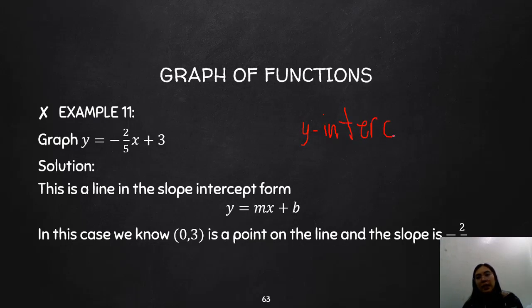So, ibig sabihin, yung y-intercept mo, or yung line mo, magkakross siya sa point 0, 3. 0 yung x, y is equal to 3. And the slope is negative 2 all over 5.